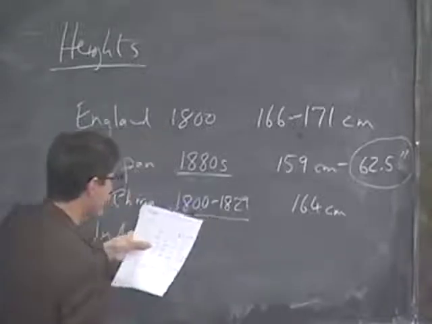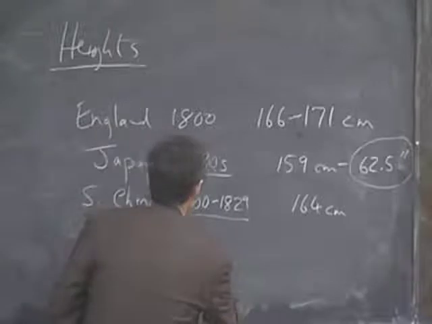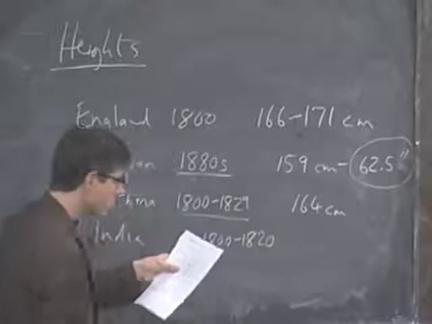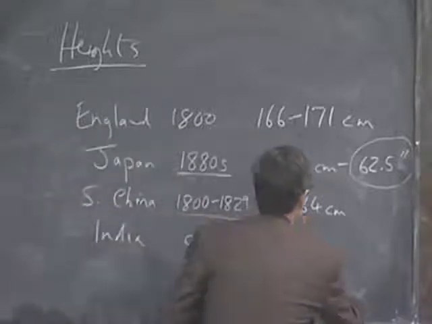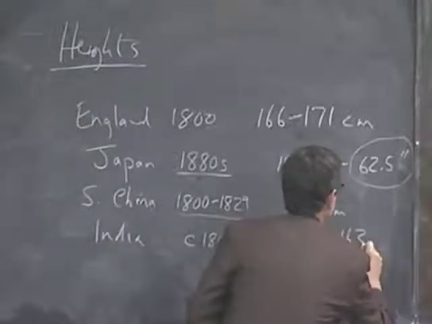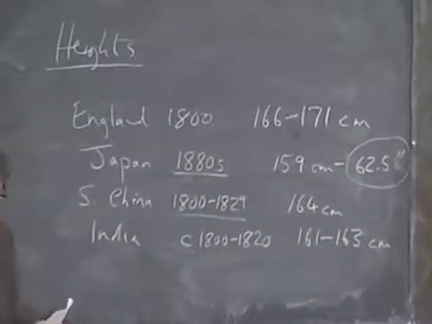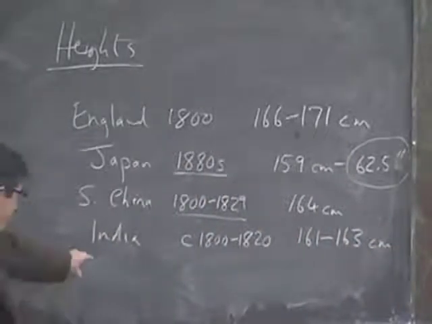And this is, again, for people born about 1800 to 1820. And heights here are 161 to 163 centimeters. Who are these people?